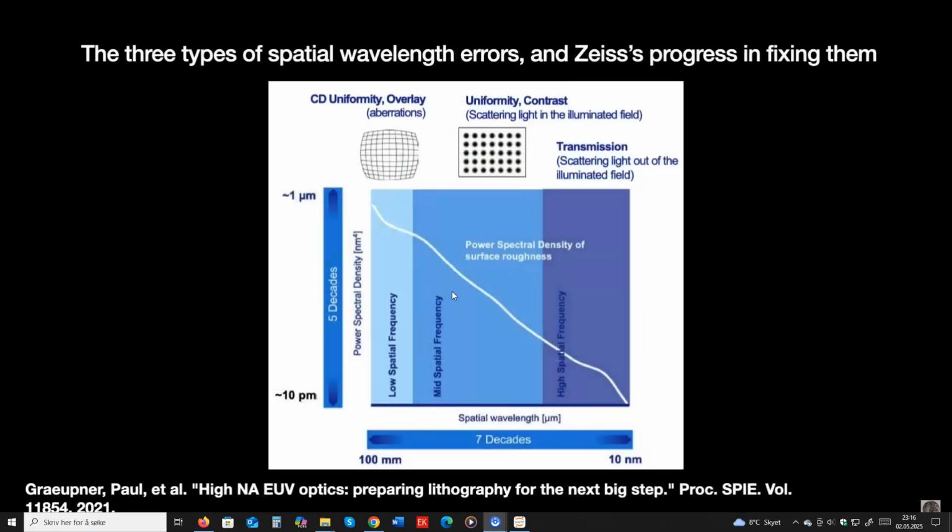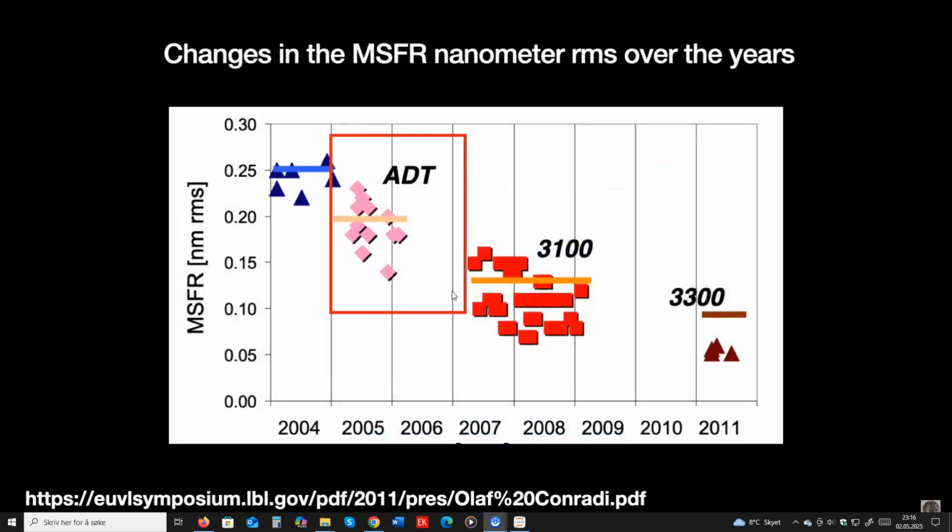Controlling all three is essential to good performance, but ASML and Zeiss have largely focused on the mid-spatial frequency roughness errors, and they've done a good job of killing those over the years. In 2005, the mirrors for their early alpha demo tool had 0.2 nanometers, or 200 picometers, RMS MSFR wavefront error.